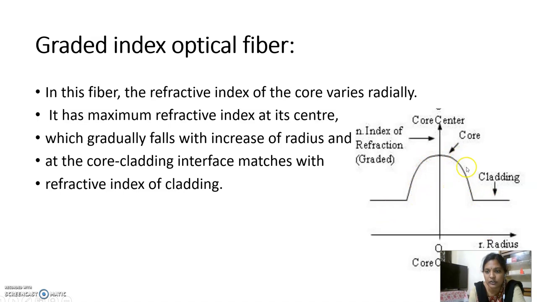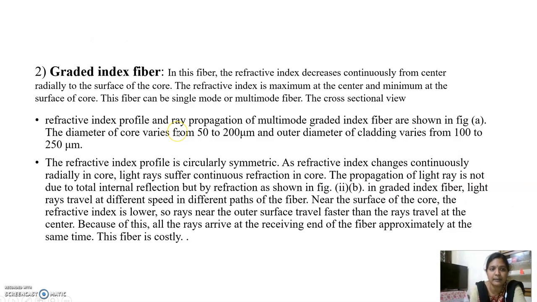Because of this non-uniform refractive index of the core, the refractive index gradually decreases from the center of the core towards the cladding. That is called graded index fiber. The index gradually falls with increase of radius, up to the core-cladding interface with the refractive index of the cladding.